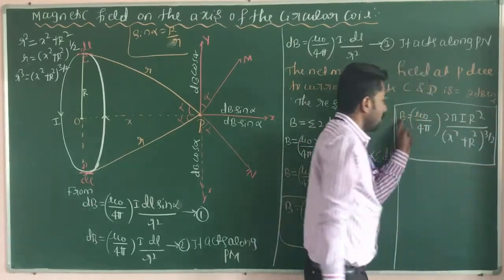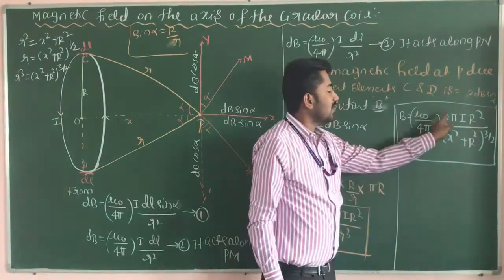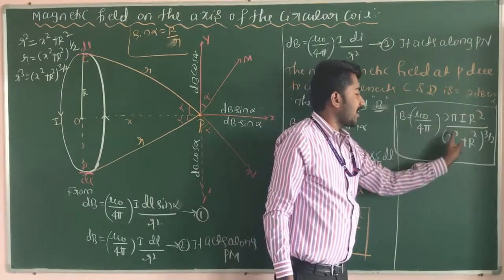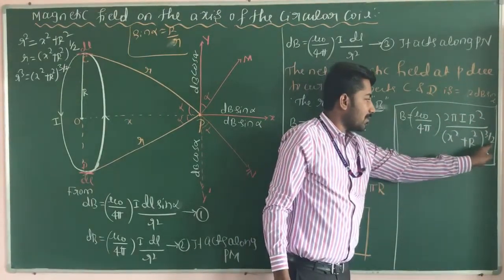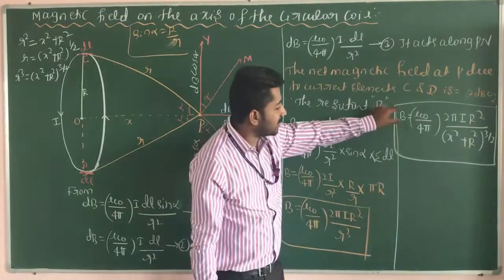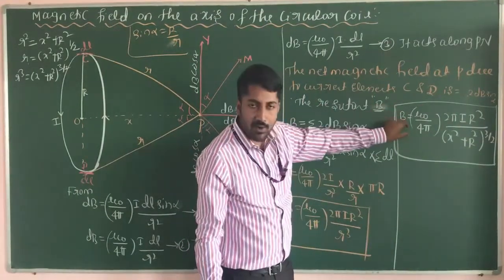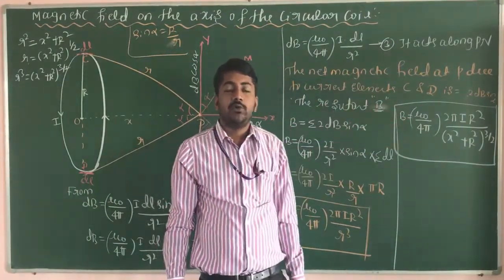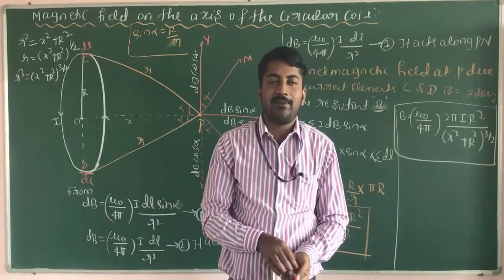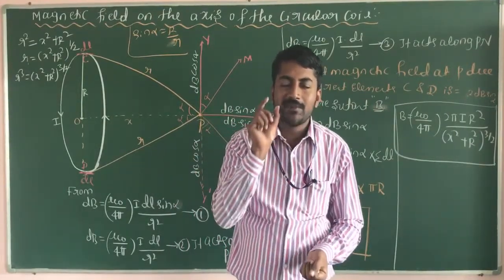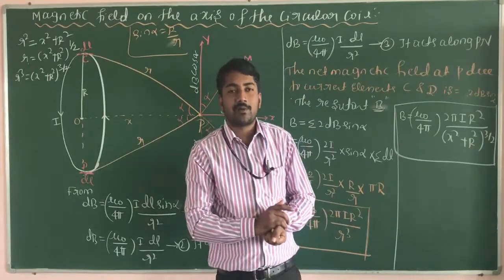B is equal to mu naught divided by 4 pi, 2 pi I r square divided by x square plus r square whole to the power of 3 by 2, which is the desired expression for the magnetic field due to the circular coil, or magnetic field on the axis of the circular coil by using Biot-Savart's law.